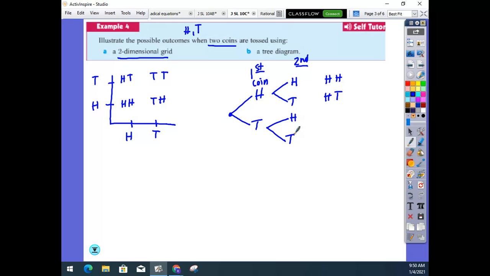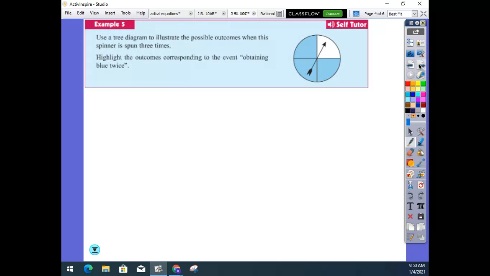We're listing each separate event here, and then this is our sample space altogether. Tail, head; tail, tail. So this shows the first flip, and then the second. That shows your sample space. Okay, so if we've got all of our organized information, then we can start looking at the probability.